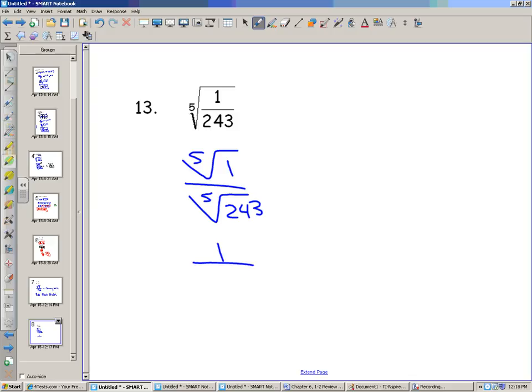What number multiplied by itself 5 times is 243? 3 times 3 is 9 times 3 is 27 times 3 is 81. And what's 81 times 3? That's it.